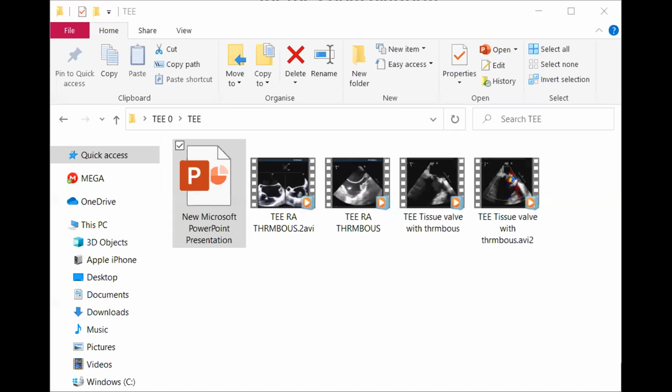As you know, all these modalities in our daily practice in cardiology are important, starting from M mode, like in this slide, because any modality has its own advantages and disadvantages.